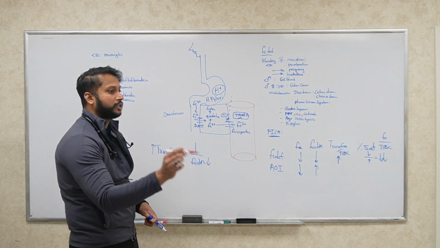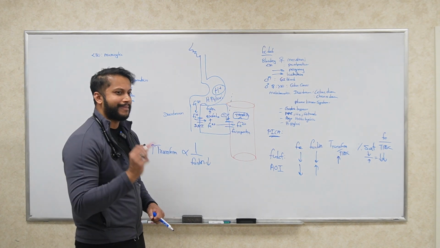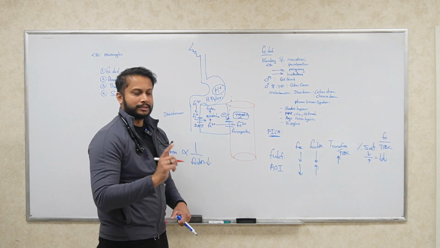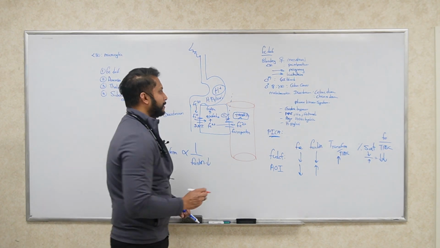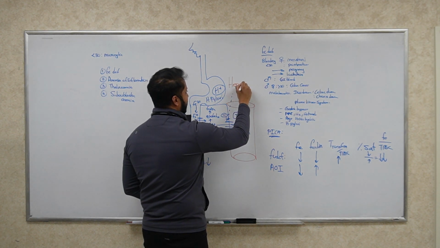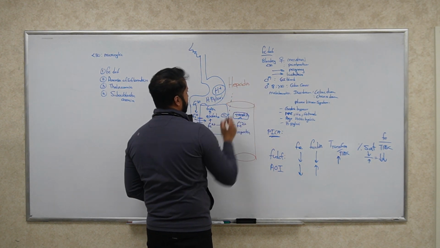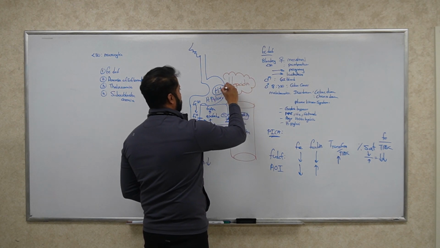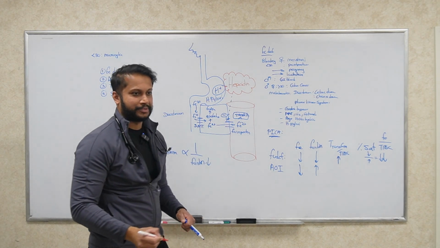HFE actually codes for this protein. So what is this magical protein that controls your... Hepcidin. This is your magical word you need to remember. Hepcidin. Okay? Some say hepcidin. I like hepcidin.